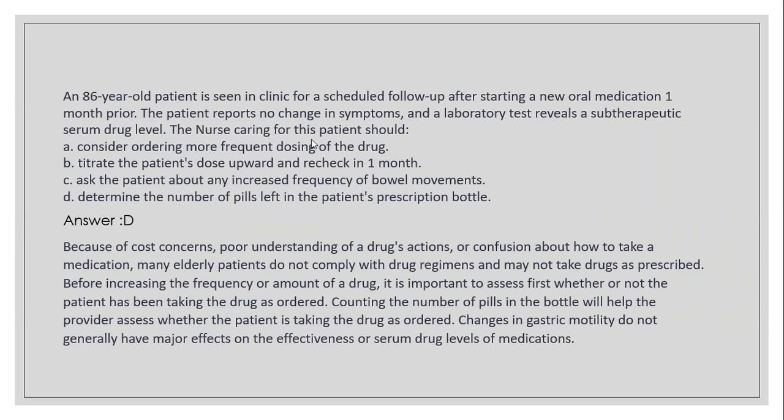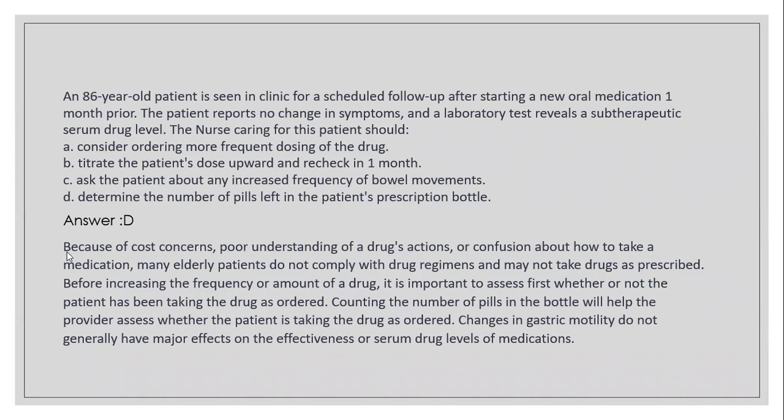The nurse caring for this patient should A, consider ordering more frequent dosing of the drug, B, titrate the patient's dose upward or recheck in 1 month. Number C, ask the patient about any increase in the frequency of bowel movements. Number D, determine the number of pills left in the patient's prescription bottle. So the correct answer is D, determine the number of pills left in the patient's prescription bottle.